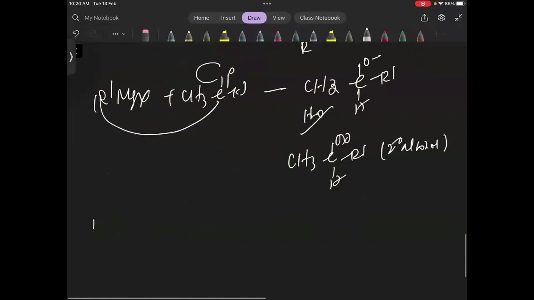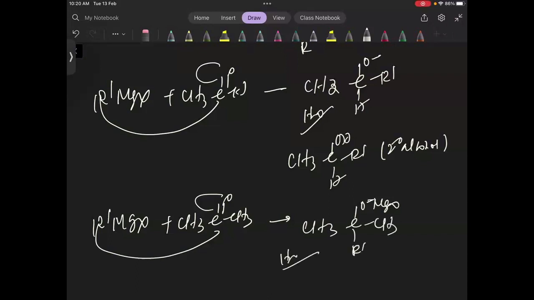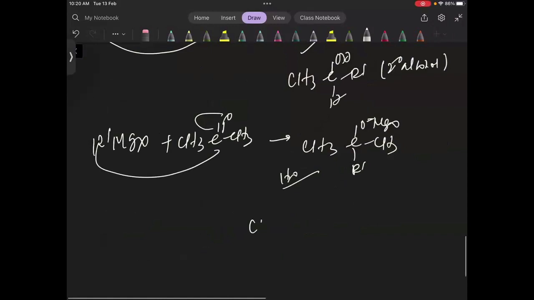Similarly, when we take R dash MgX with CH3 C double bond O CH3, that will attack here. It will form CH3 CO negative MgX, with CH3 R dash, and when water is added, it forms CH3C OH CH3 R dash, that is the 3 degree alcohol, correct?